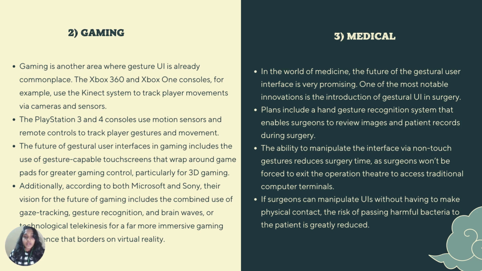The future of gestural user interfaces in gaming includes the use of gesture-capable touchscreens that wrap around gamepads for greater gaming control, particularly for 3D gaming. Additionally, according to both Microsoft and Sony, their vision for the future of gaming includes the combined use of gaze tracking, gesture recognition, and brainwaves, or technological telekinesis, for a far more immersive gaming experience that borders on virtual reality.